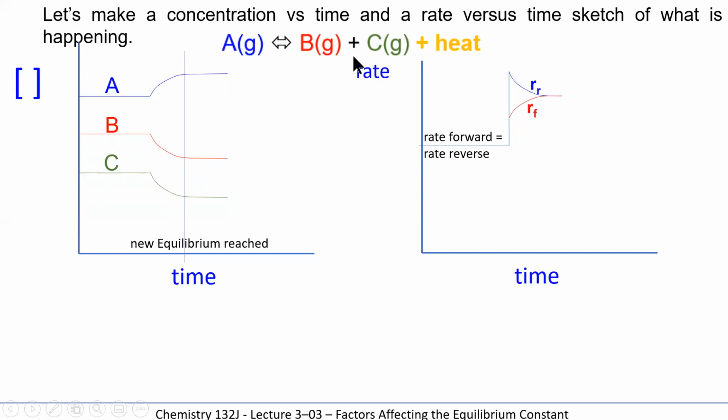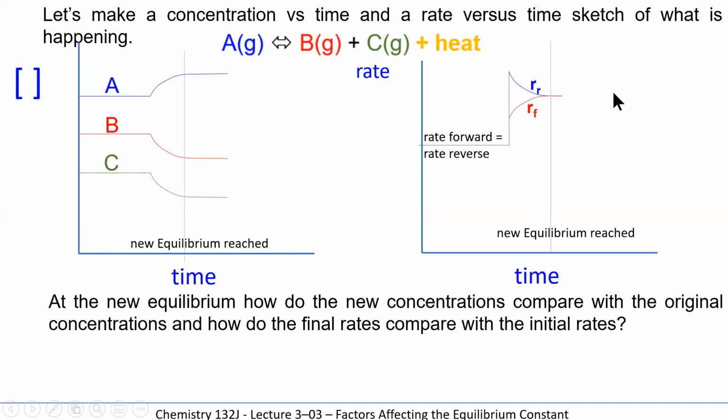And the forward rate is going to start increasing because as B and C produce more A, if there's more A present, the A will start making more B and C. At a higher temperature, both rates are going to increase. But the reverse rate will start decreasing. The maximal level reached is at that instant that the heat is added. And then a new equilibrium is reached when the forward rate and the reverse rate are equal to each other.